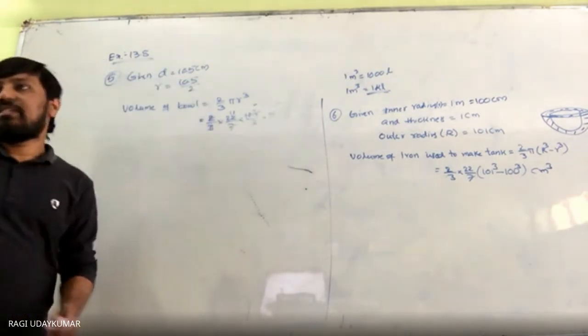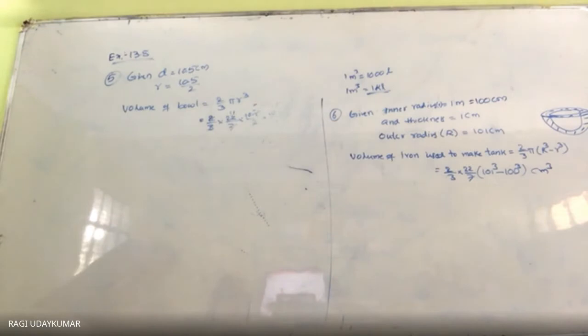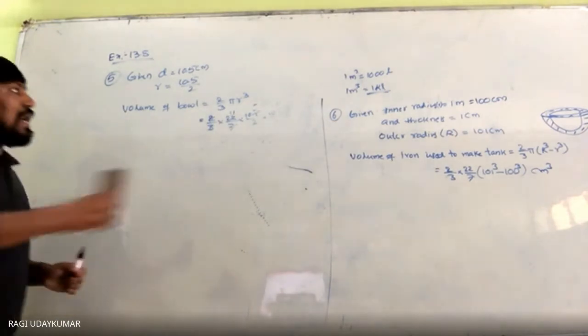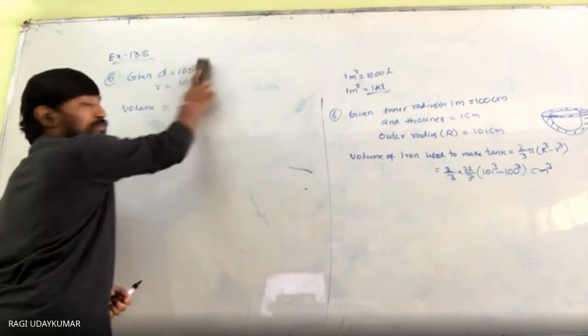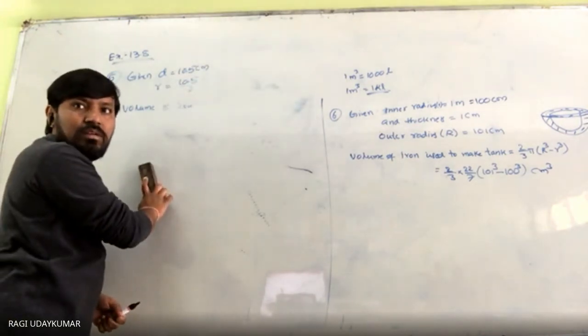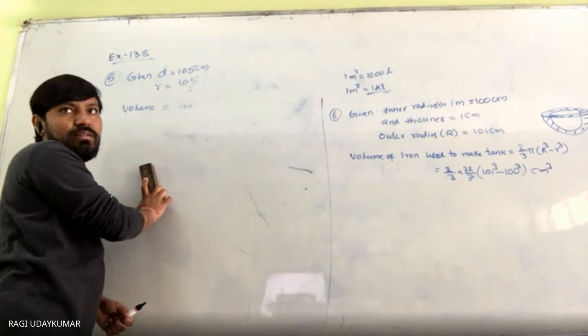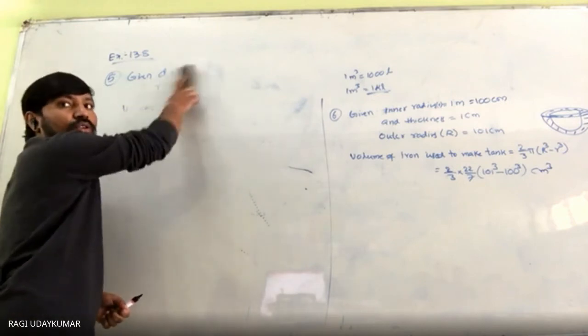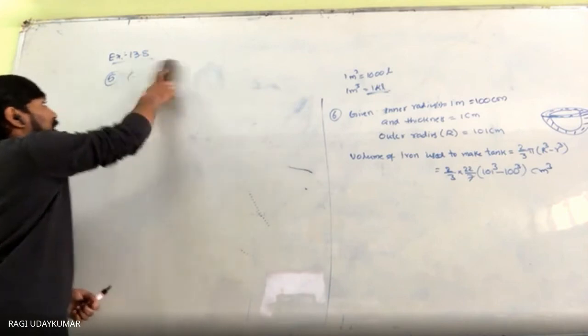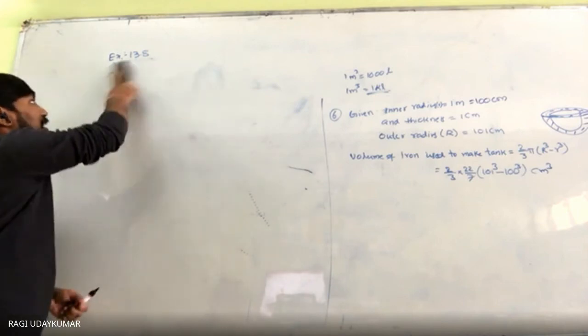So what is the total cost here? The total cost is given to you, and the cost per square meter is given. So total cost is 498 rupees 96 paise.